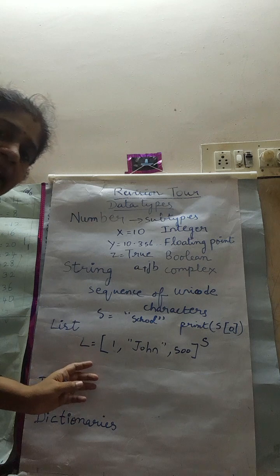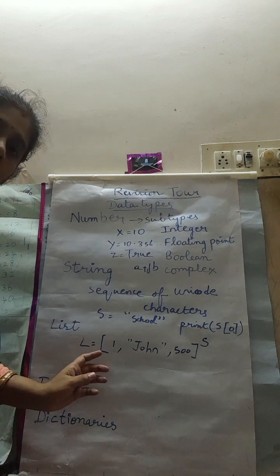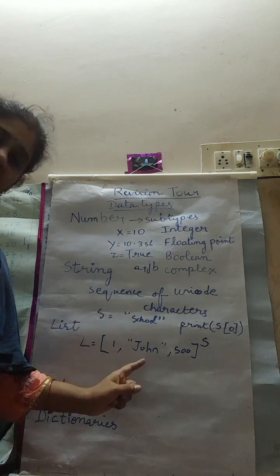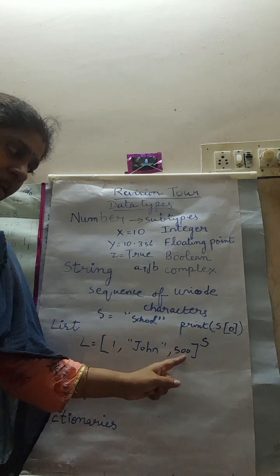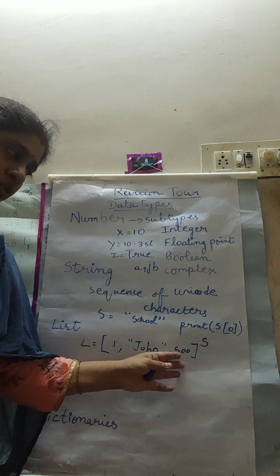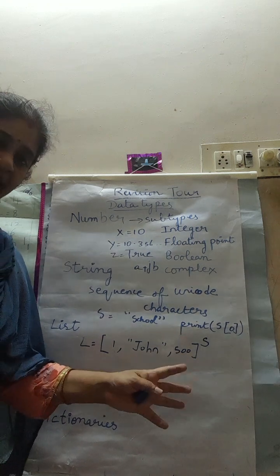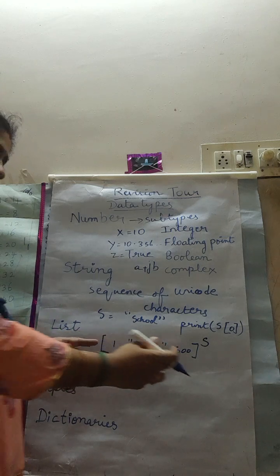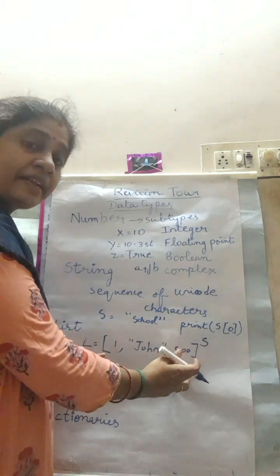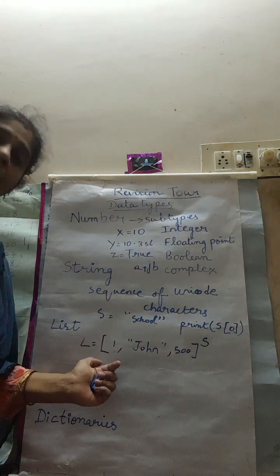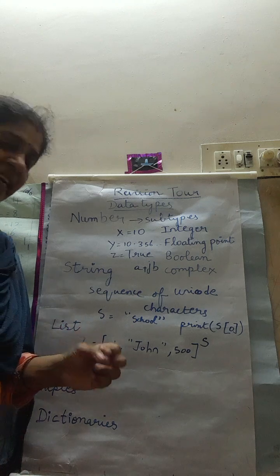The name of the list is L, and I'm storing student information whose roll number is 1, an integer, then a string, and the total, which is 500. In this way, a list can be written within square brackets, and the list is also accessed using the index only.